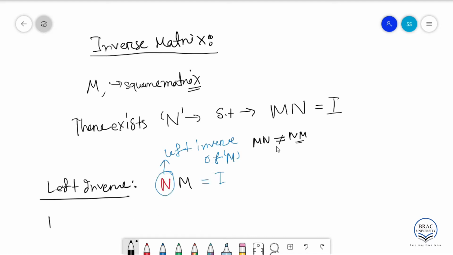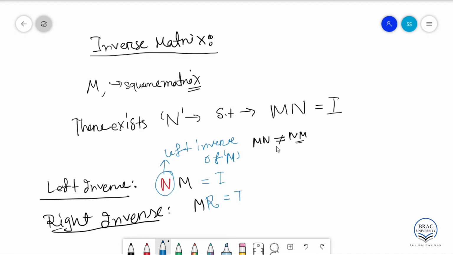Then similarly we can define the right inverse. Let's say the right inverse is R, and if you multiply R on the right side of M, you get the identity matrix. So this R is called the right inverse.